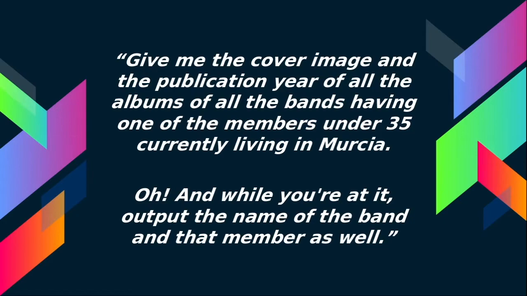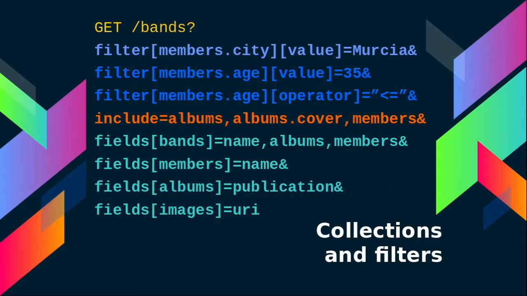But with JSON API in Drupal, you can specify that query in the URL in a simple way. In here, we're making a request to the bands, because we start in bands, and that's the difficult part. You need to know where to start your query, right? And that's going to change in every different query.